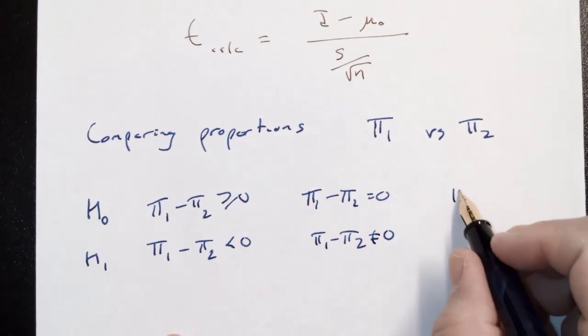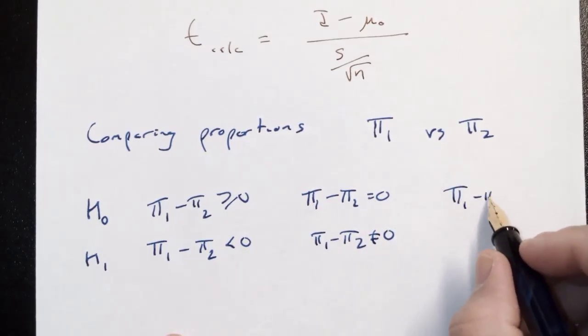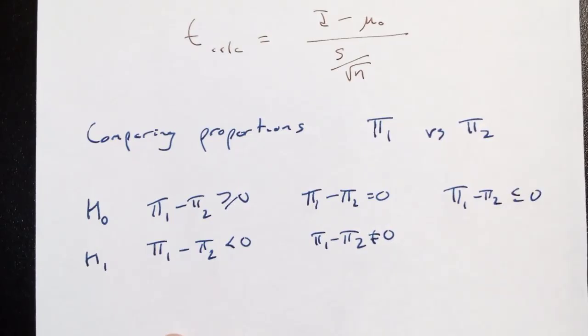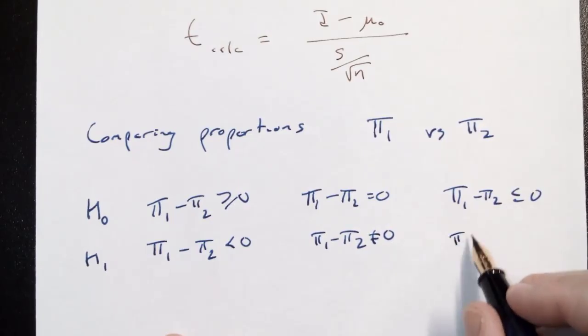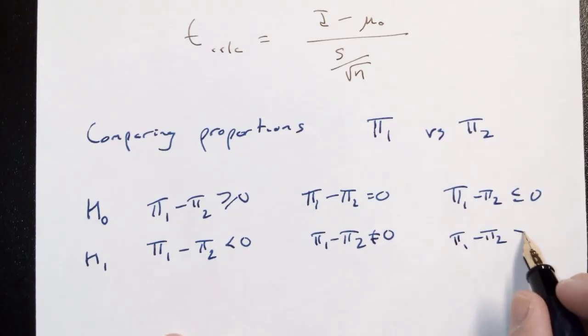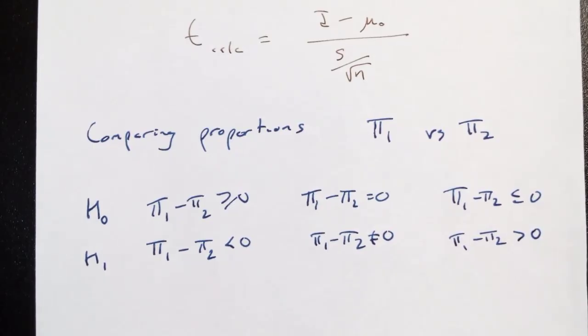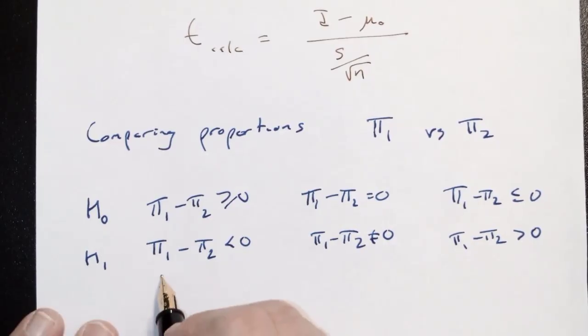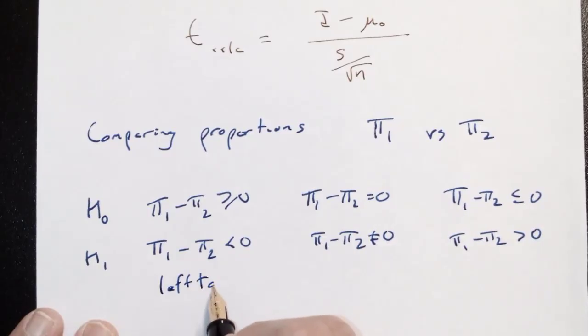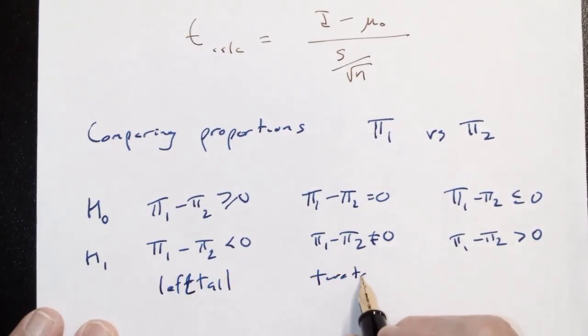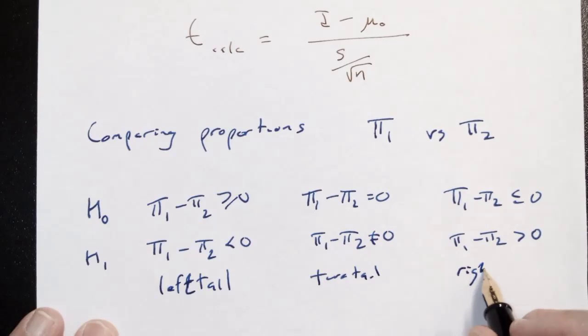It could be that the difference between the populations is less than or equal to 0, or it's not. Now look at your alternate hypotheses. That tells you which kind of tail test you're looking at. This is a left tail. This is a two tail. And this is a right tail.